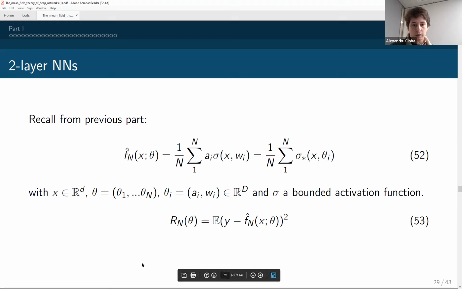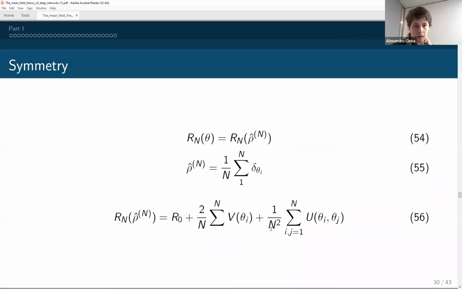The risk is given by an expected squared loss over the data distribution given by y index. And again, what we remarked last time was that these functional forms benefit from a particular type of symmetry, right?